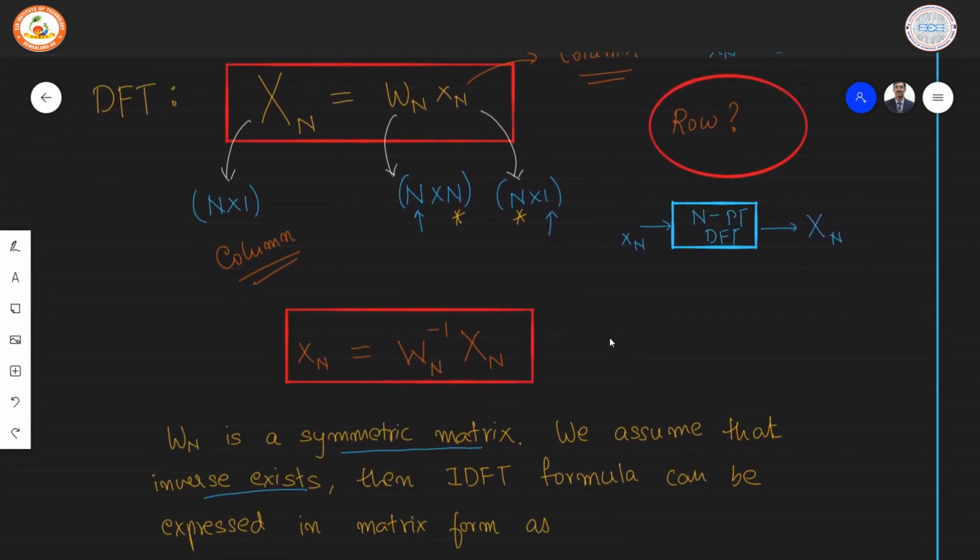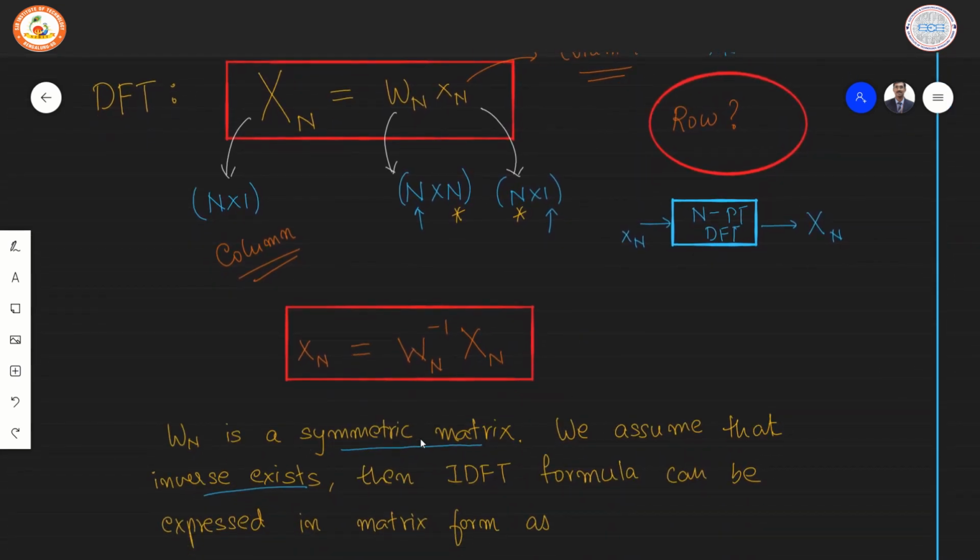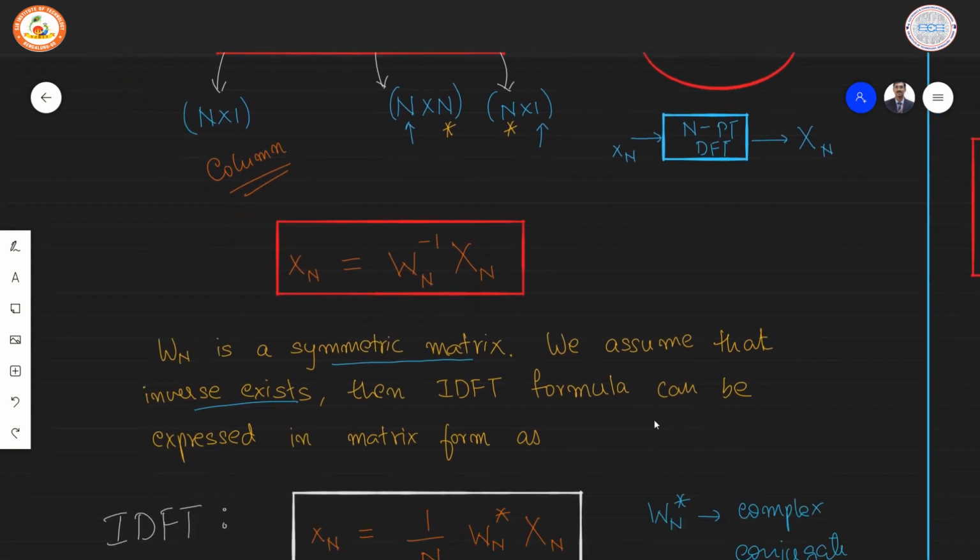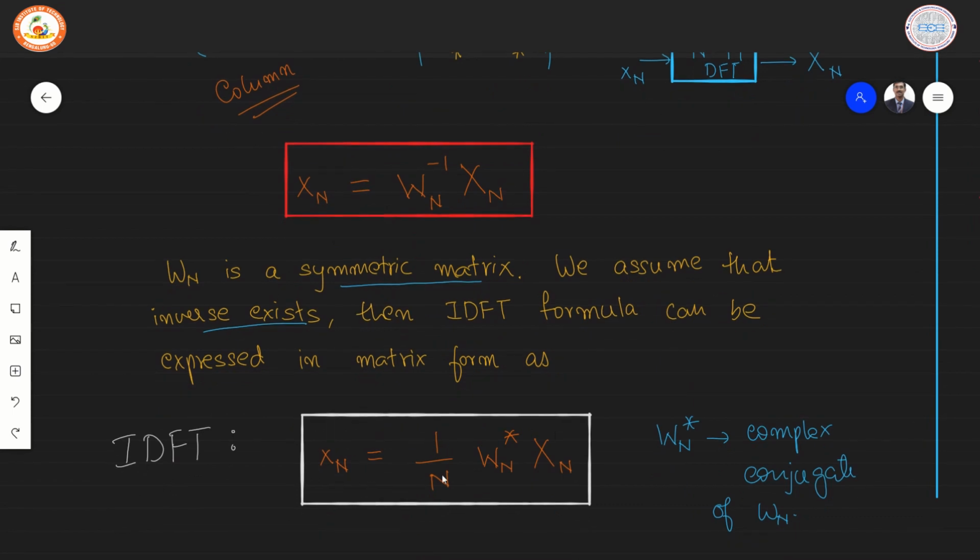Now, since W of n is a symmetric matrix, we assume that an inverse exists, then the IDFT formula can be expressed in matrix form as x of n equals 1 by n times W n star, where W n star is called the complex conjugate of W of n. So we have found the inverse for W of n.